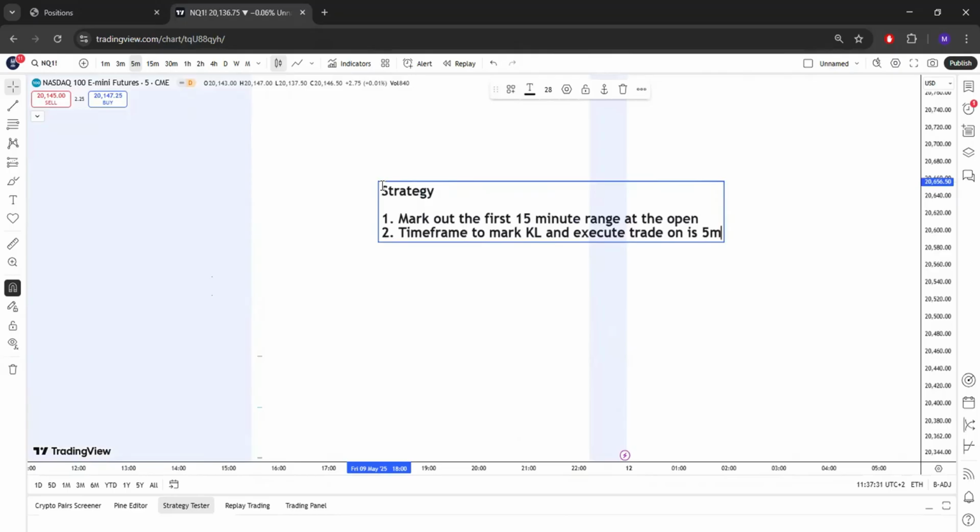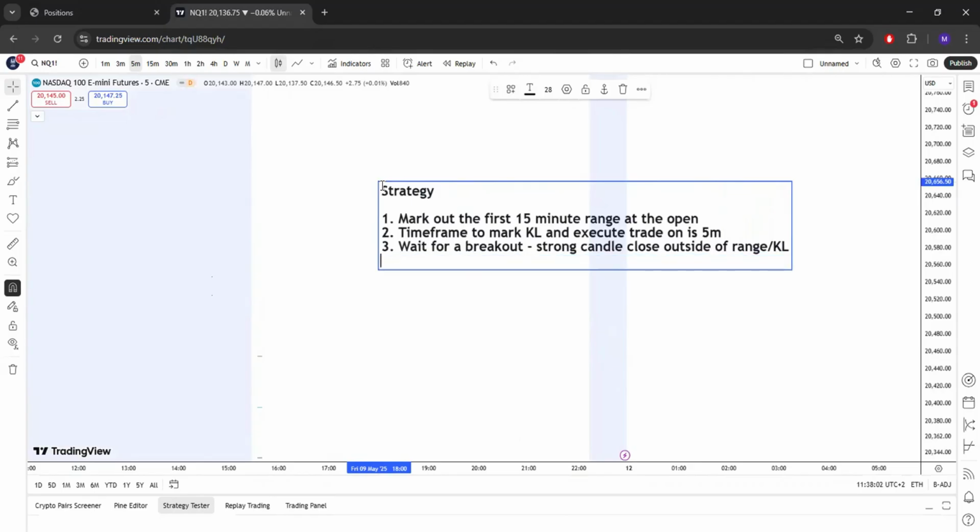Mark the high and mark the low of that opening range, and thereafter all you're going to be doing is waiting for a breakout. Essentially you're waiting for a strong candle close outside of the range, or of your key levels. That's all you're going to be doing.